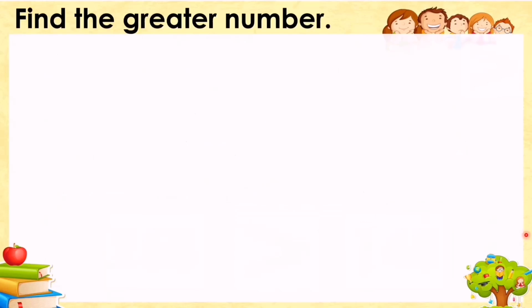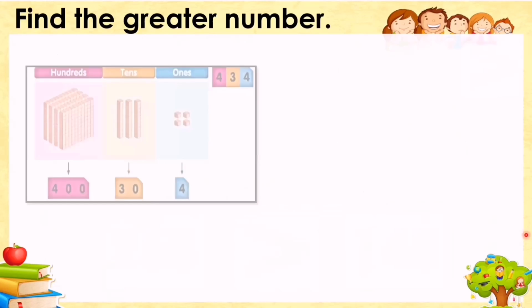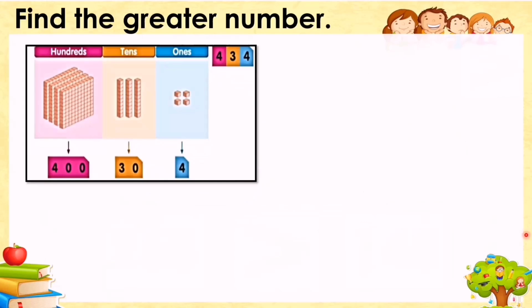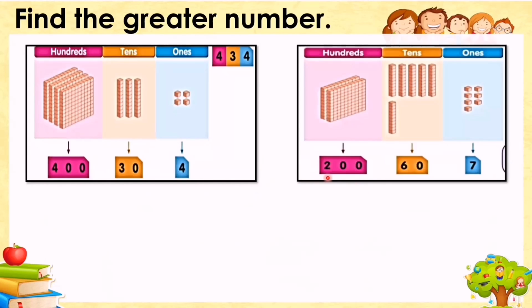Next, let's find the greater number here. We have here 434 and we have 267.